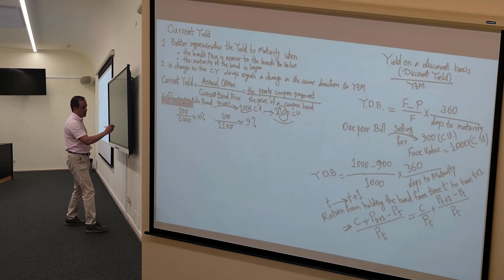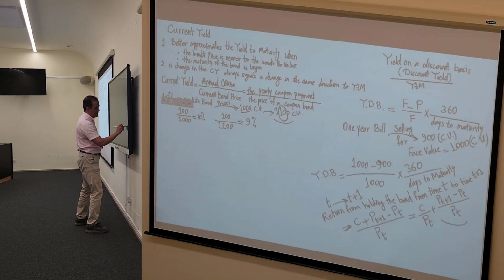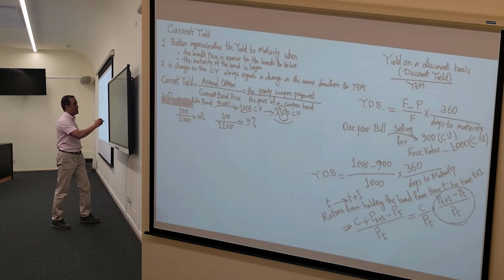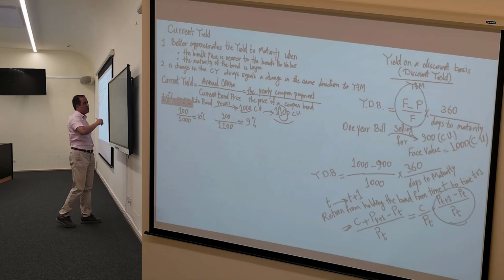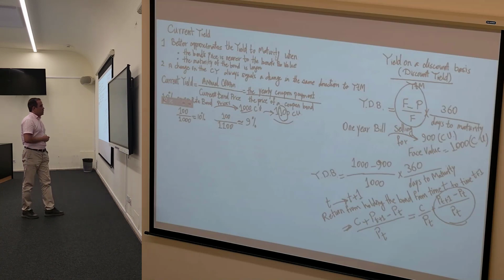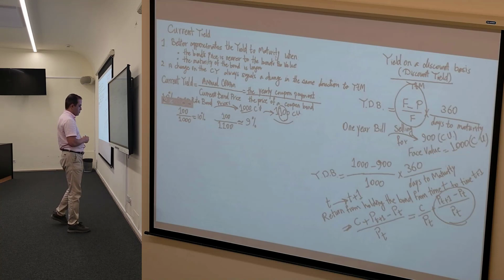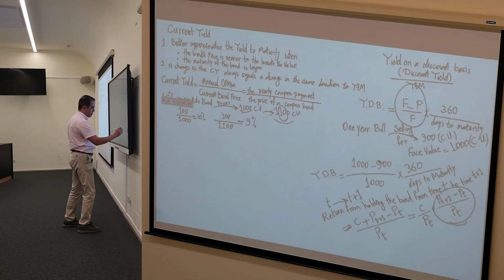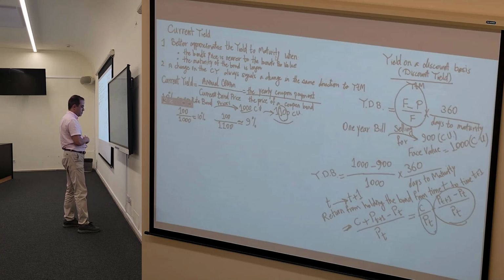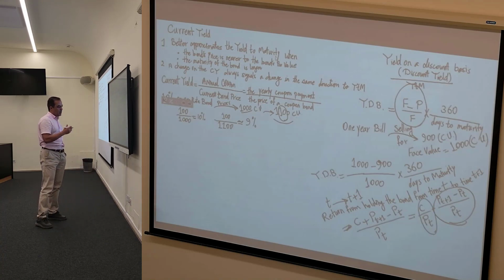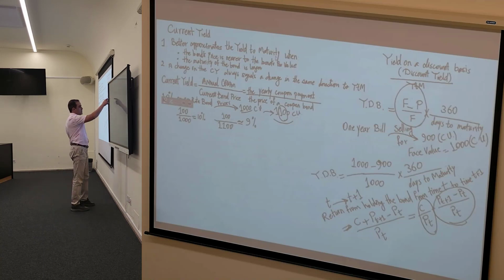Okay, so this one, as you could see, is the coupon payment over the price of the bond at time t, the coupon payment over the current bond price.